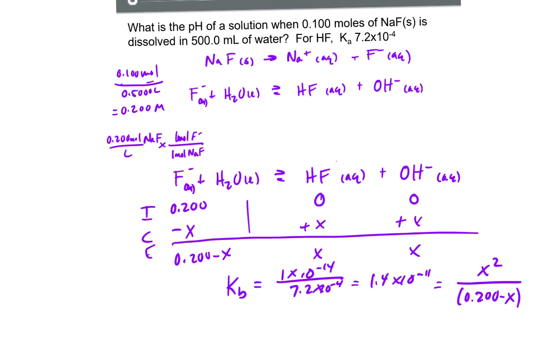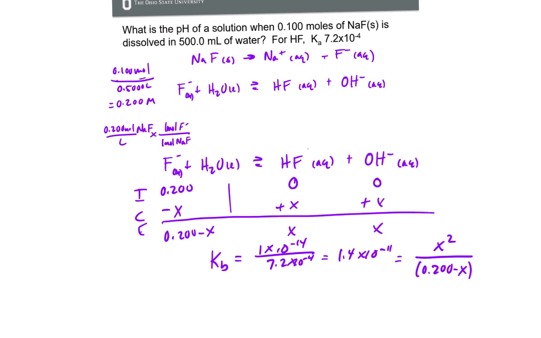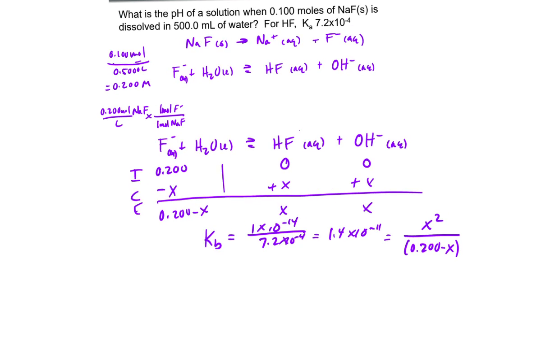Y'all remember from last week making the assumption that x is small relative to the initial concentration? Yeah. So we can take the initial concentration of F minus divided by, in this case, the Kb. And if that's greater than 1,000, we can ignore that x.